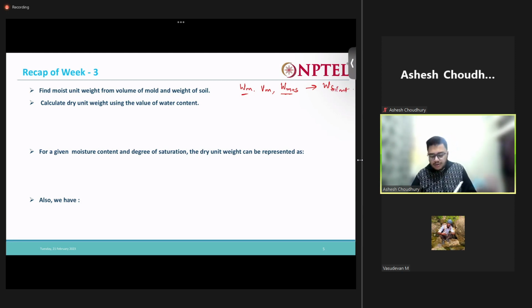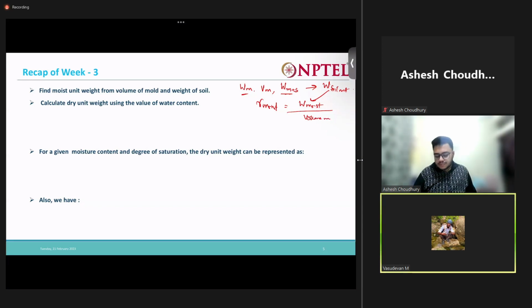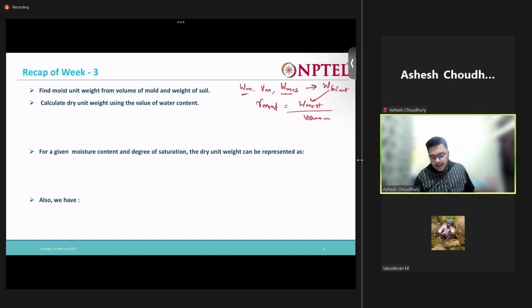Now from the moist unit weight, you can find out the gamma moist, the unit weight, from this weight, W moist, divided by the volume of the mold. If you do this, we can easily find the moist unit weight of the soil. Now from this moist unit weight, how can we calculate the dry unit weight?